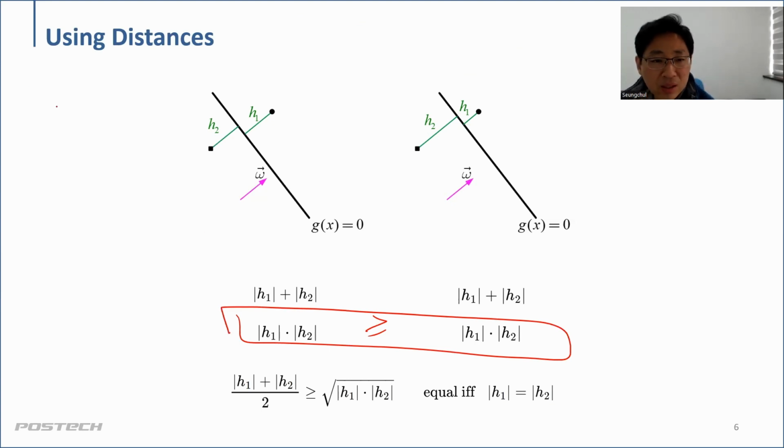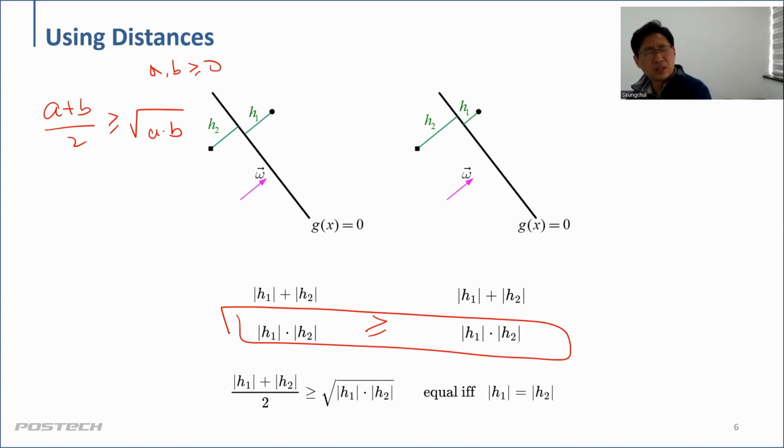And remember, I guess you guys know this when A and B are like that. Does this kind of inequality look familiar, or no? This is the arithmetic mean or average, and these are the geometric.